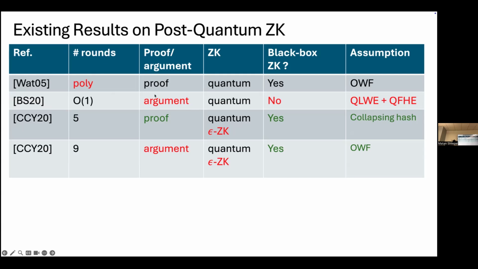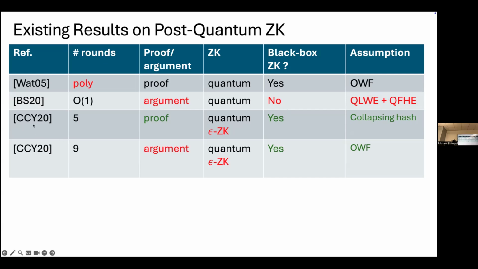But it's a very, very elegant proof. And then there came this result after 15 years, a non-black-box simulation, a protocol that is constant round but requires non-black-box simulation. It's built on quantum security of lattices, LWE here, and quantum fully homomorphic encryption.